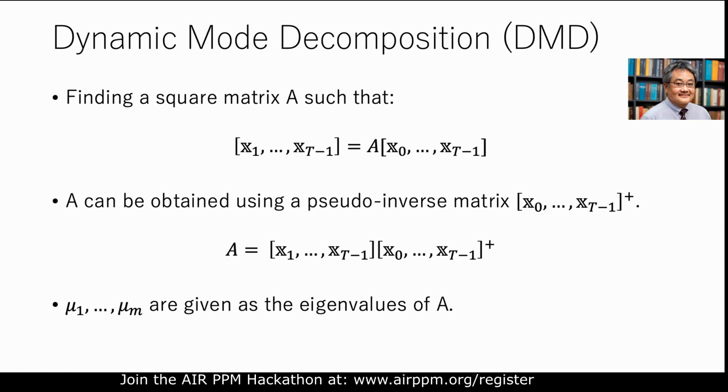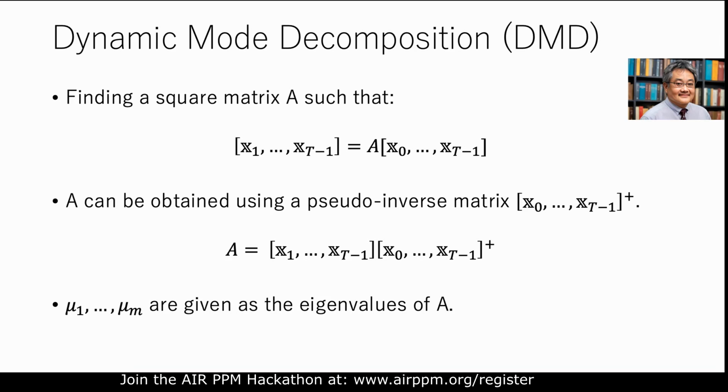Since its introduction in 2008, dynamic mode decomposition, or DMD, has been extensively studied, leading to numerous variations. The fundamental principle of DMD is to find a square matrix A that maps observables from time 0 to t-2 to those from time 1 to t-1.